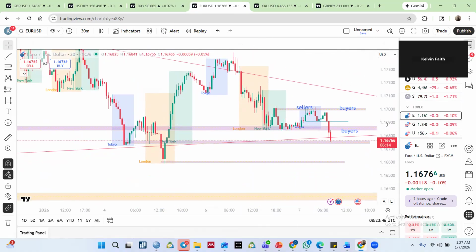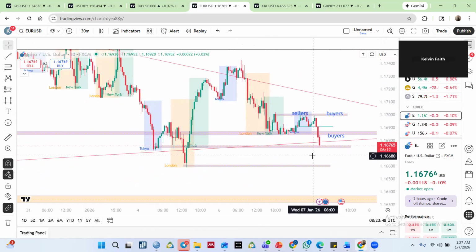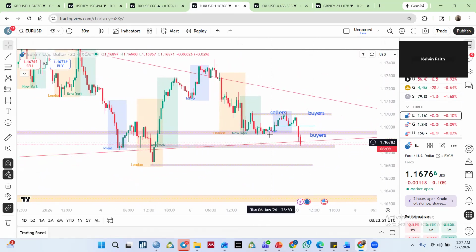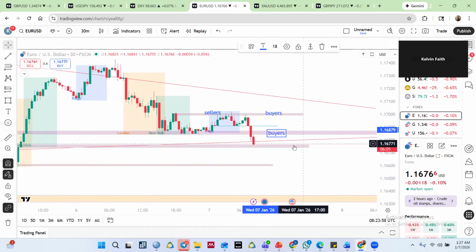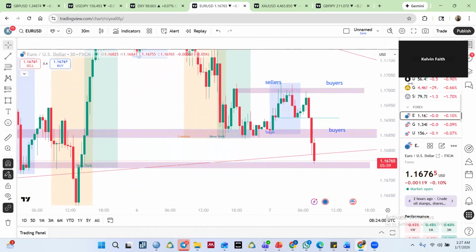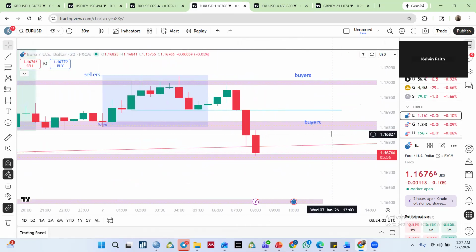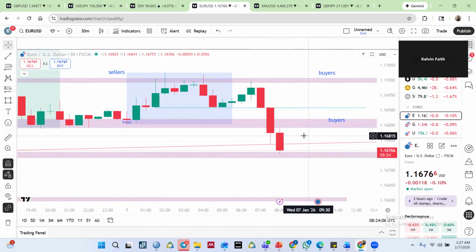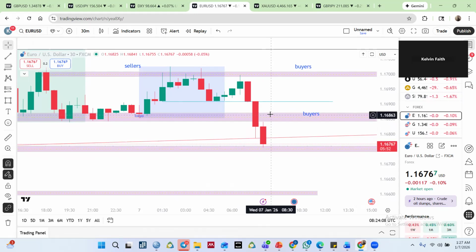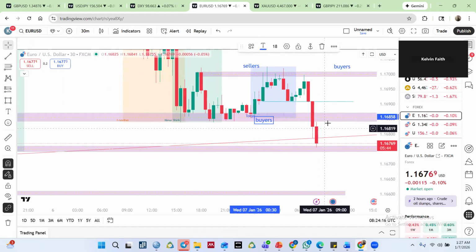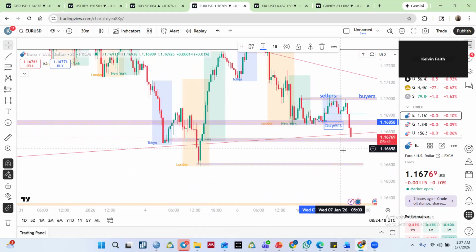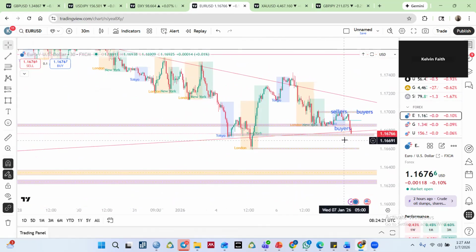That's important because if it's going to really sell, it just crashed buyers out here. The London session is going to kick in very soon, in a few minutes, so it makes sense for the market to retrace or retest these buyers that were crashed before dropping. I believe it makes sense for that to happen.